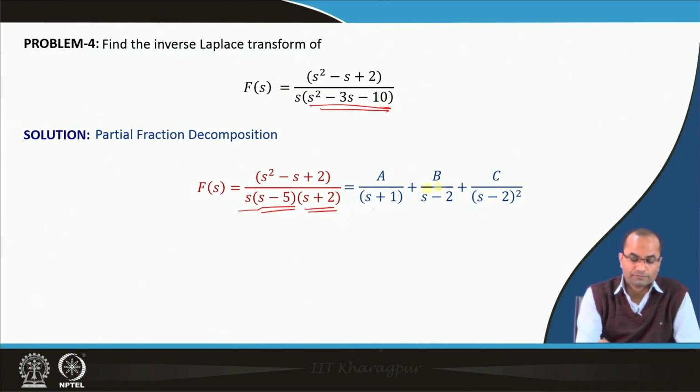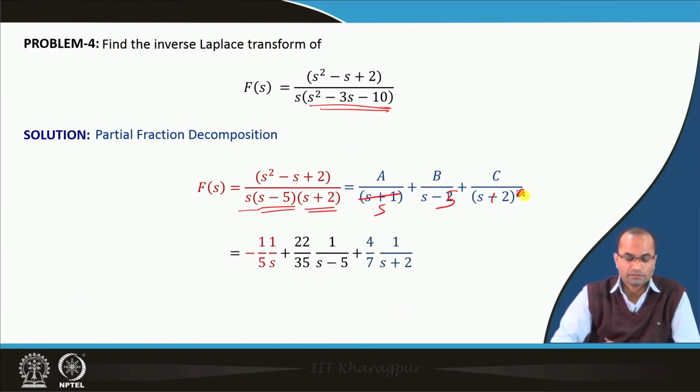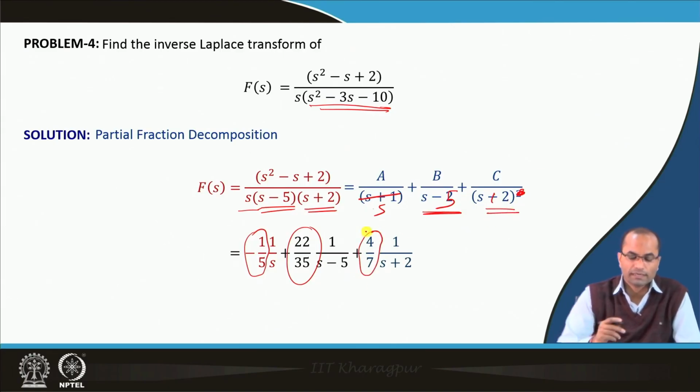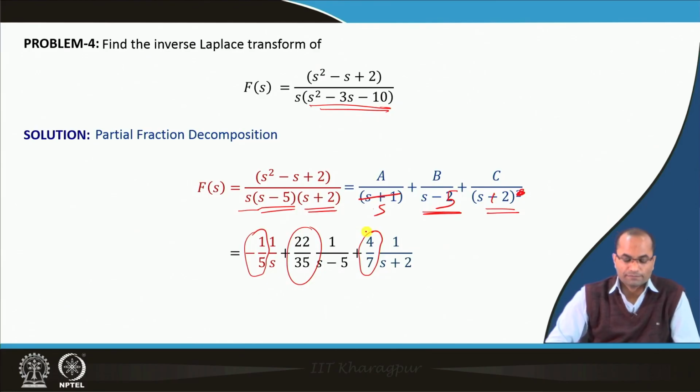So, we have here A over S, then B over S − 5, and then C over S + 2. By doing these partial fractions, we will observe that A comes as −1/5, then B with S − 5 comes as 22/35, and with S + 2 the C comes as 4/7.